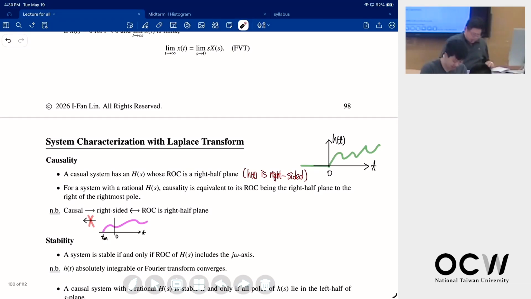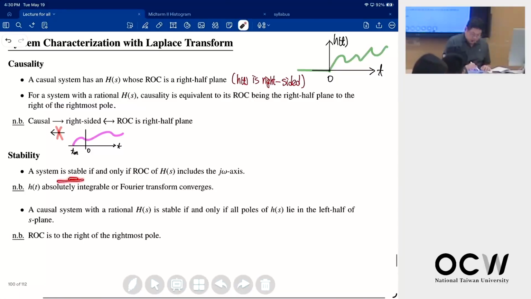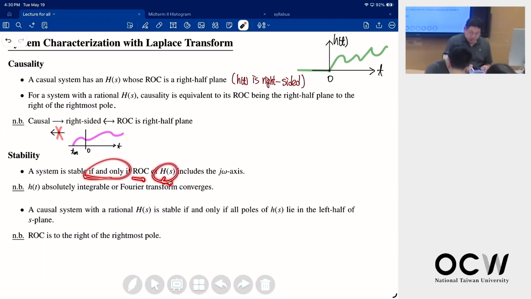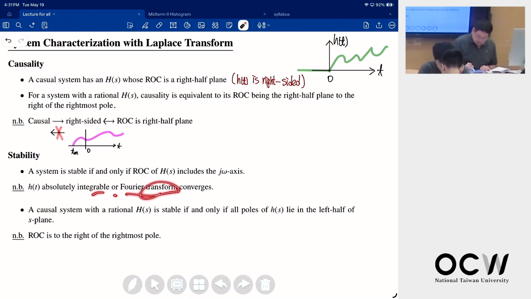Right, next is about stability. We say the system is stable if and only if the region of convergence of the transfer function will include the imaginary axis. And H should be absolutely integrable, or the Fourier transform converges.